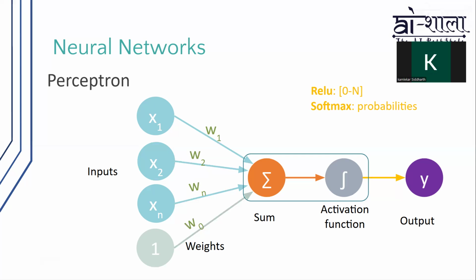So perceptrons can learn through a process called training. During training, the perceptron adjusts its weights based on observed errors. This is typically done using a learning algorithm such as the perceptron learning rule or a backpropagation algorithm. The learning process presents the perceptron with labeled examples where the desired output is known.